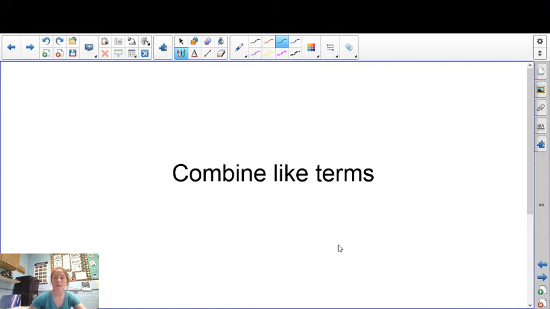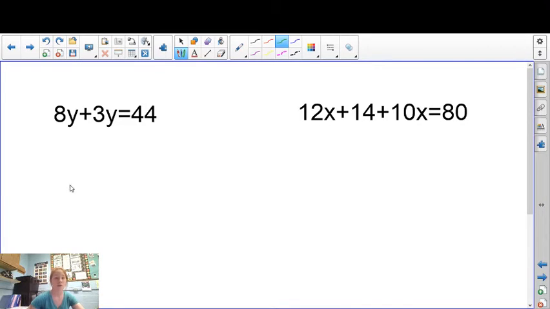Okay, now we're going to take a look at combining like terms first. So if we notice on the one on the left, I have 8y and 3y, and they're on the same side of the equals. If I highlight it for a moment, I kind of like that a little bit better. Use the green.